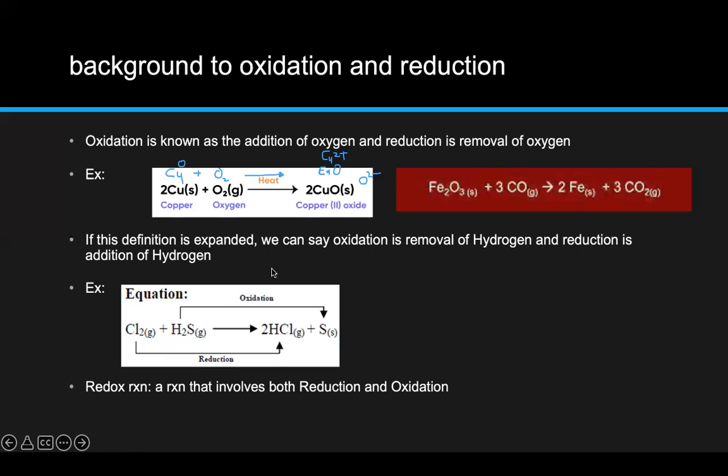So when we define redox in terms of hydrogen and electron transfer, the removal of an electron, or the removal of a hydrogen, is oxidation, and the addition is reduction. So hydrogen sulfide has become sulfur only, and so it has lost hydrogen atoms, and so it has been oxidized. So in conclusion, a redox reaction is a reaction that involves both reduction and oxidation reactions.